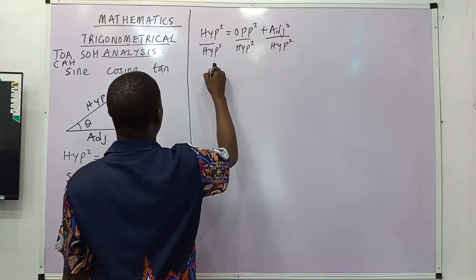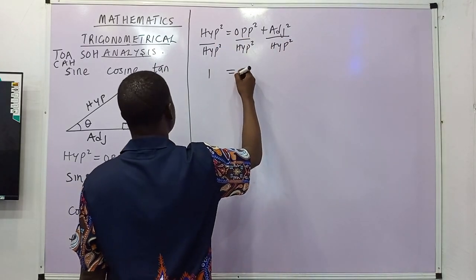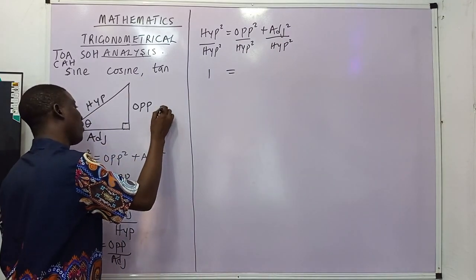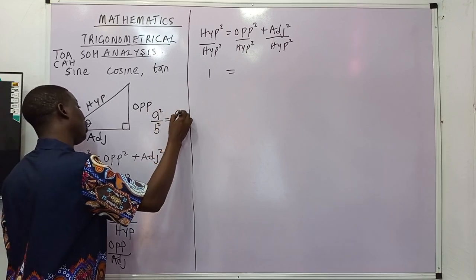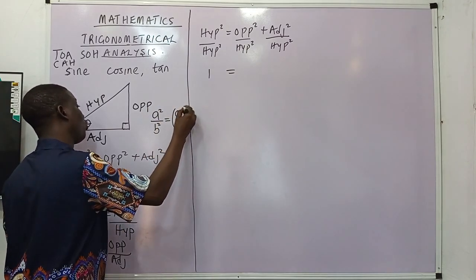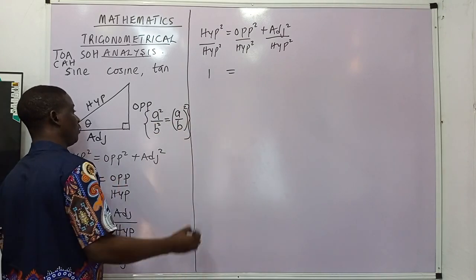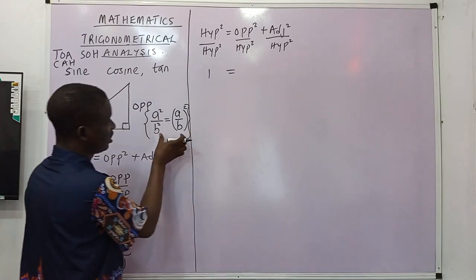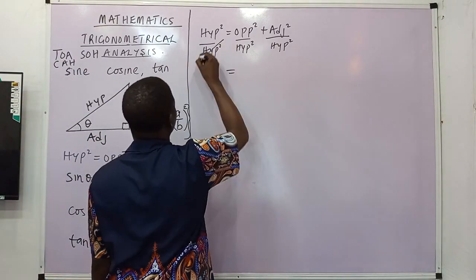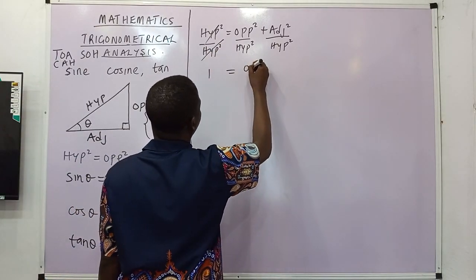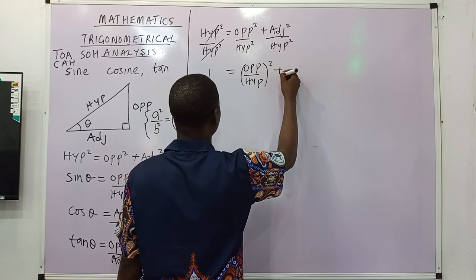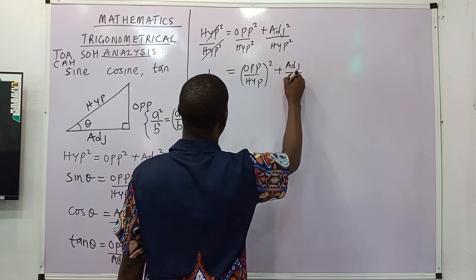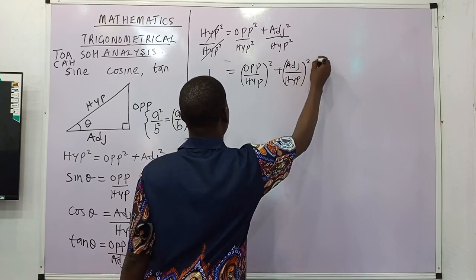Then we're going to have 1 equals to, if you remember that a square over b square is equivalent to a over b all square, if you apply this principle to that, here we cancel, here 1, opposite over hypotenuse all square plus adjacent over hypotenuse all square.